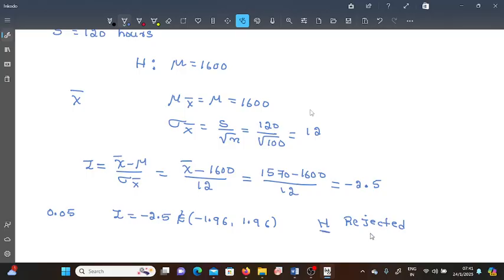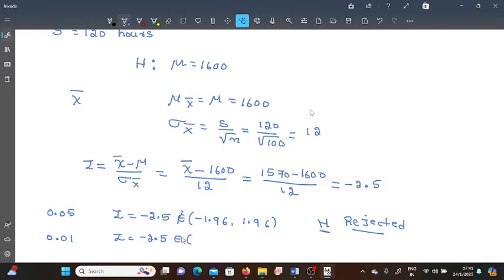The hypothesis is rejected. Similarly, if we consider the 0.01 level of significance, the value of Z equal to minus 2.5 lies inside the given interval.